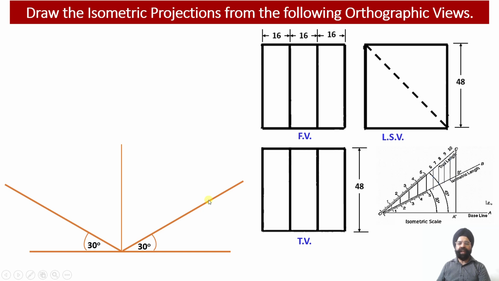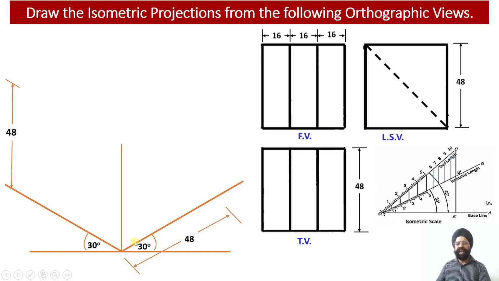And as we have already discussed, onto this side we are going to draw the front view face of the solid. Onto this side we have to draw the left hand side view face of the solid. So regarding the front view, we know that the length of the solid happens to be 48 millimeter. So this is the length of the solid, equal to 48 millimeter, and the height of the solid happens to be 48 millimeter.